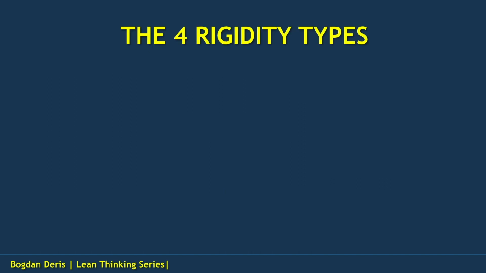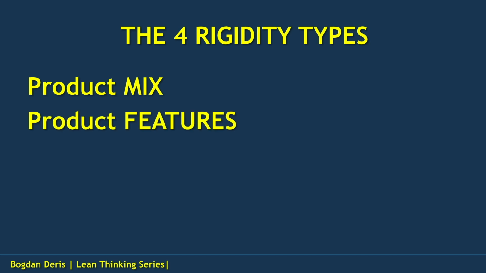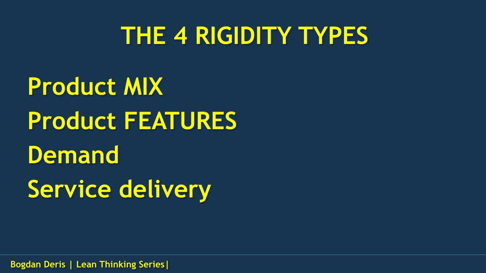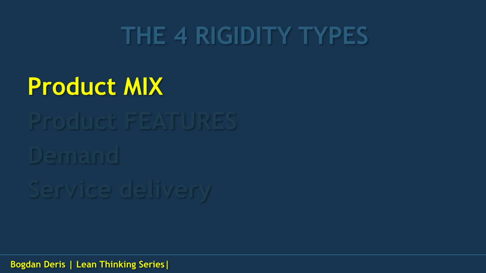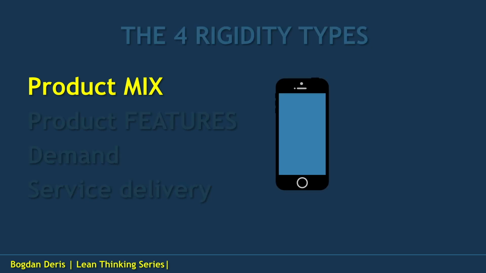There are 4 types of rigidity that I will talk about: product mix, product features, demand rigidity, and service delivery. Product mix rigidity appears when you have a product that the customer is interested in, but you do not have one that complements it, and the customer actually desires to buy both as a package.